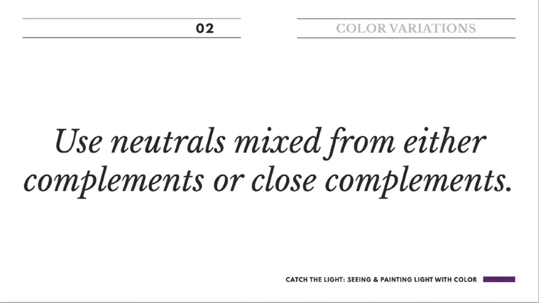Second, if you need to use some neutrals, and there are definitely times when neutrals are important, use ones that are mixed from either complements or close complements. Remember, those are colors that are opposite to each other on the color wheel. For example, red and green, purple and yellow, orange and blue. Those are going to be much richer than neutrals that you squeeze out of a tube.